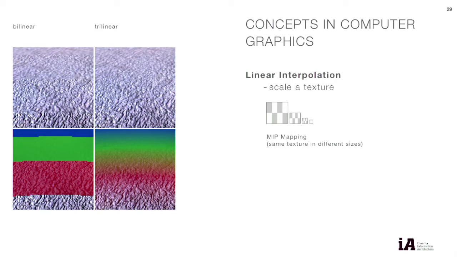And if you don't interpolate also in the z-axis or in the depth axis, you end up with having just the borders of the textures being visible. And here you have to interpolate as well.